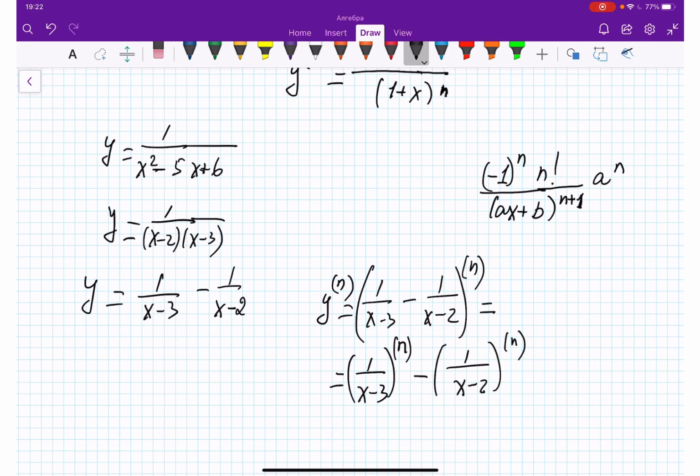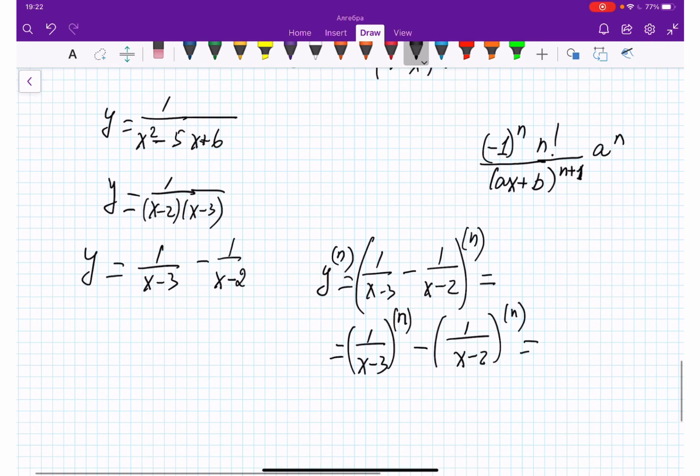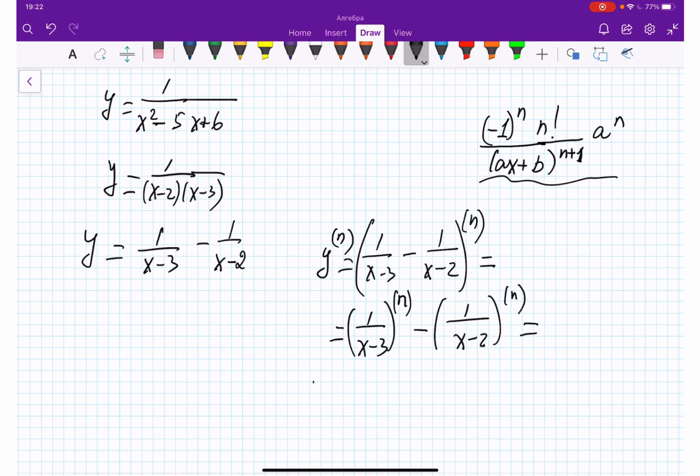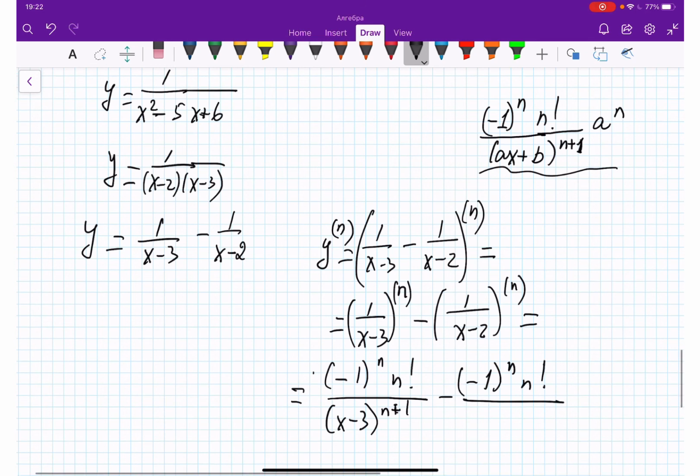And following this rule, this formula, we are going to get, the same way, negative 1 to the power n factorial over x minus 3 to the power n plus 1, minus, and here we are getting negative 1 to the power n factorial over x minus 2 to the power n plus 1.